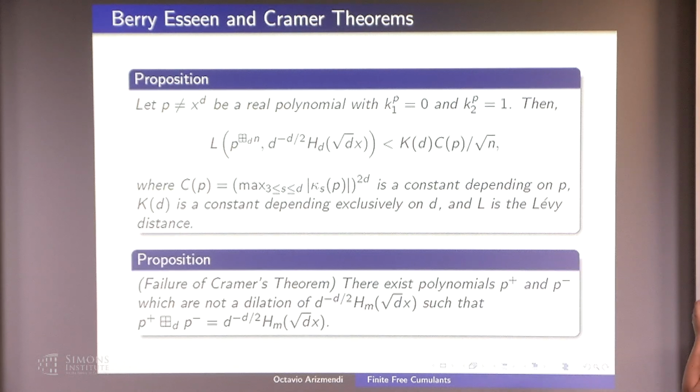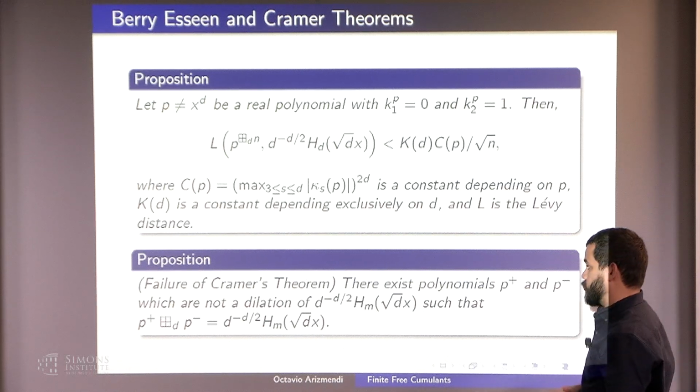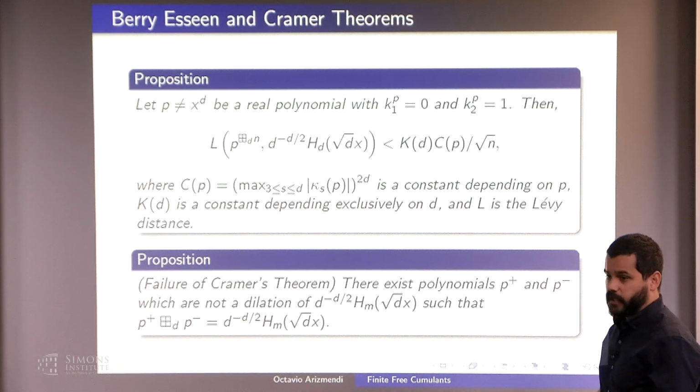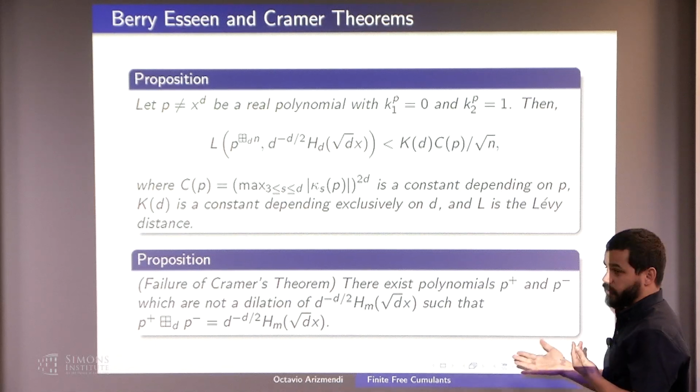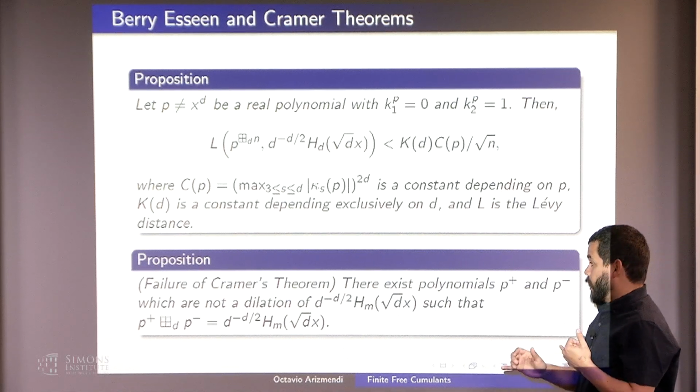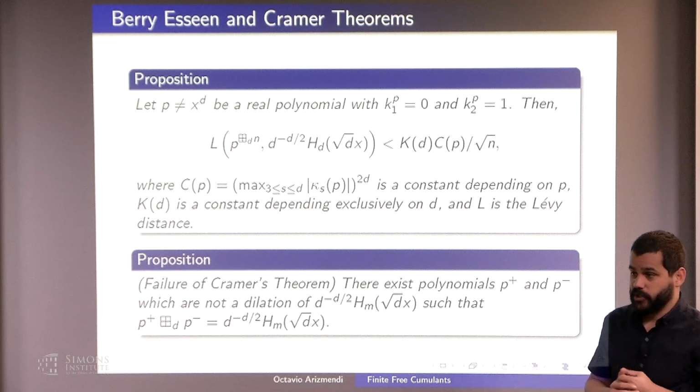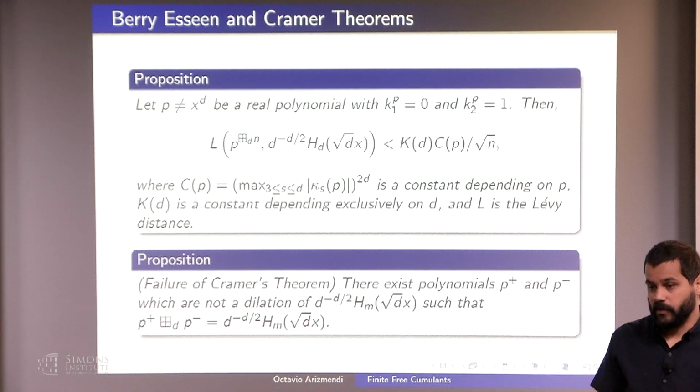And maybe just to finish, another thing that holds for finite free probability, and for free probability, but doesn't hold for classical probability, is the failure of Cramér's theorem. In classical probability, if two measures add up to a Gaussian distribution, then both of them should be Gaussian.